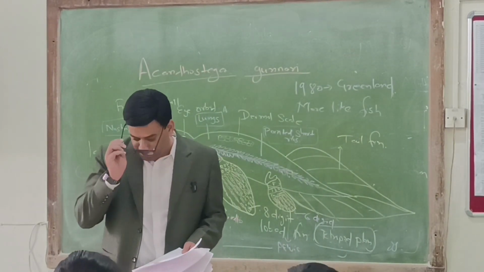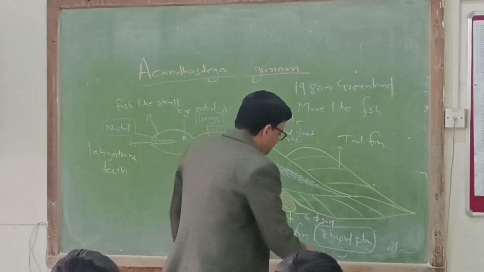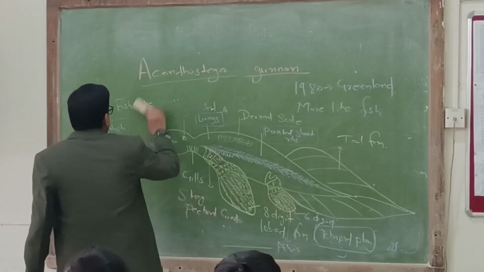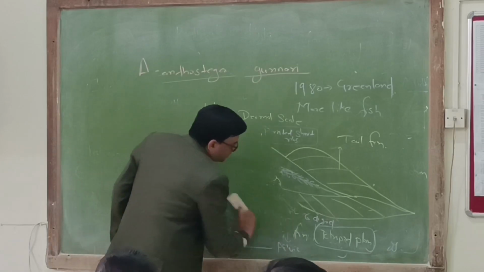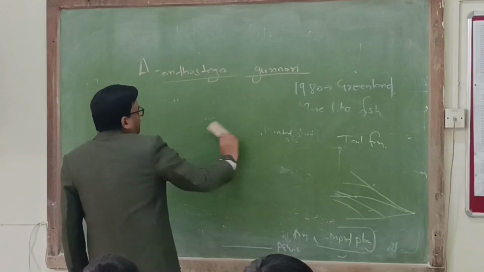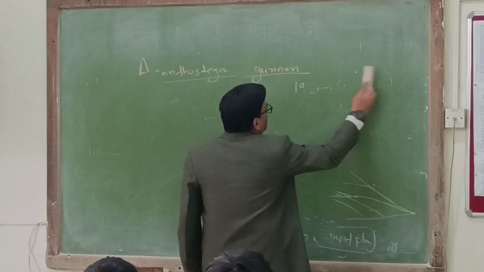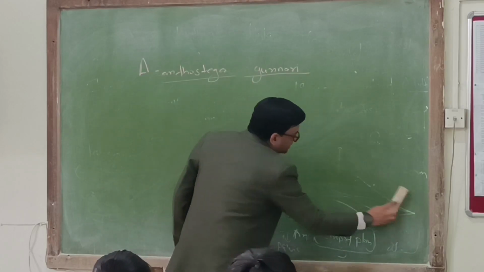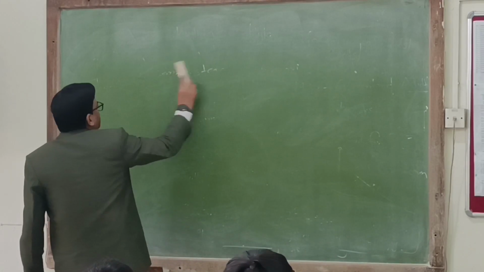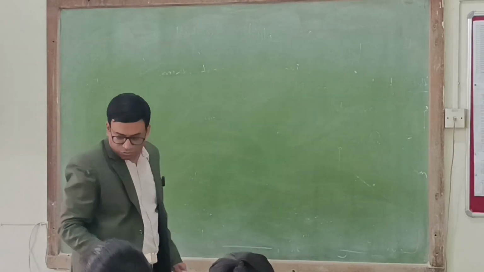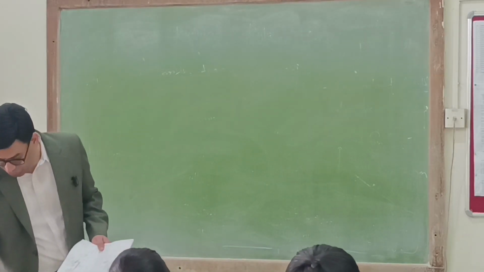Now write down the next fossil. We will go for the next fossil and its name is Ichthyostega. The next fossil is Ichthyostega, having a skull more like a fish and less like an amphibian. So draw the Ichthyostega.